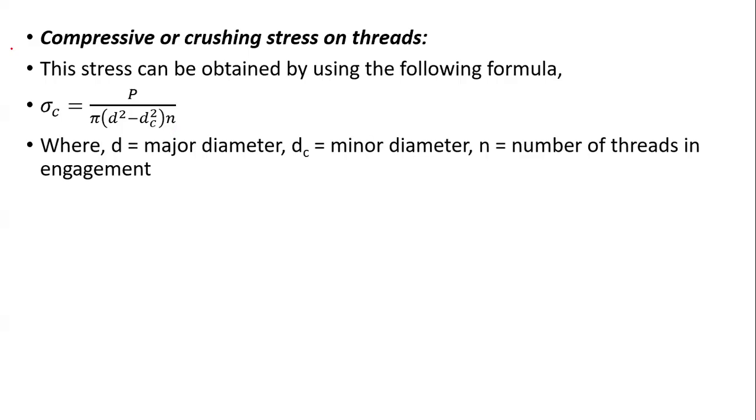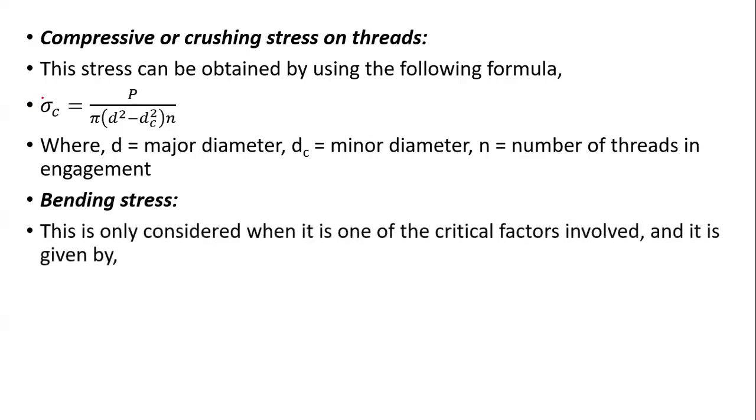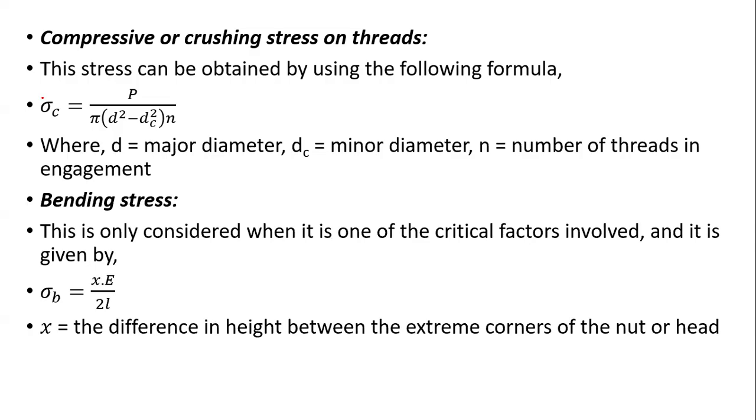So this is our compressive stress. The bending stress becomes a bit interesting because we have a special formula: bending stress is equal to x multiplied by E over 2L. X is the difference between the extreme corners of the nut or head, E is Young's modulus, and L is the length.